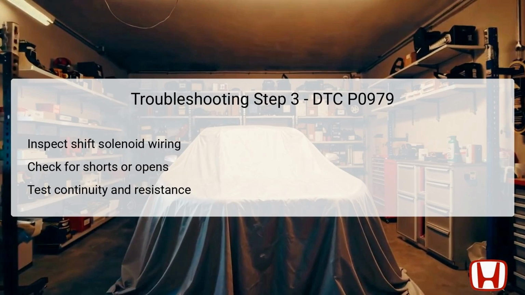Using a multimeter, it is crucial to test for continuity in the wiring harness to ensure there are no breaks inside the wires. Additionally, resistance testing can determine if the solenoid itself is functioning correctly within its specified range. These checks are essential to rule out any electrical issues before delving deeper into the valve or control module components.